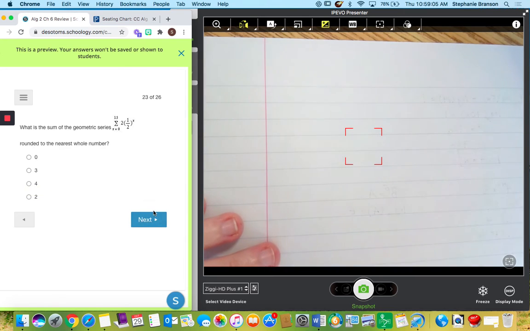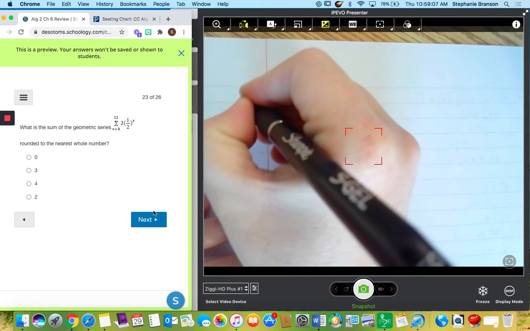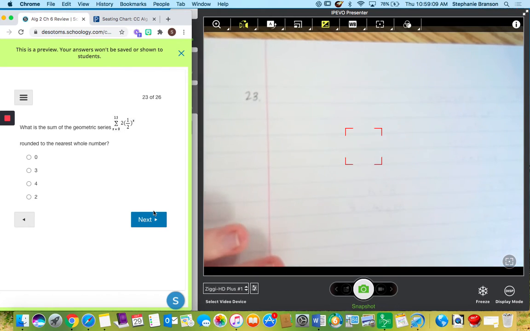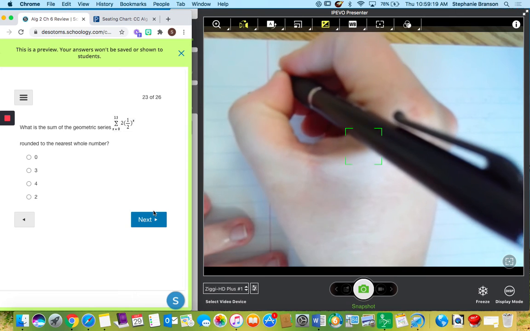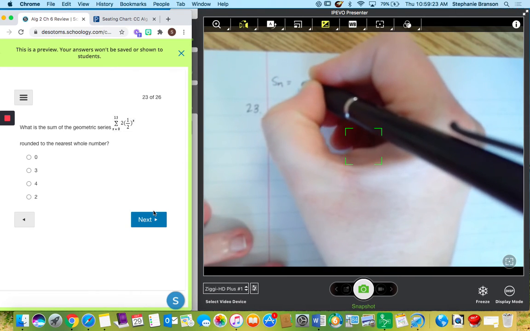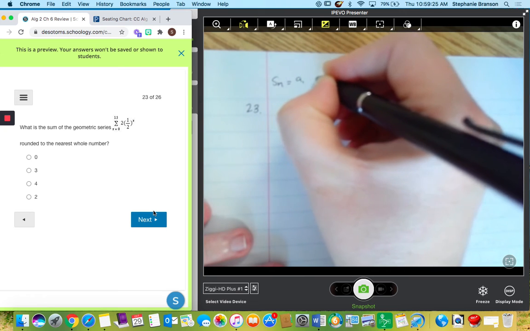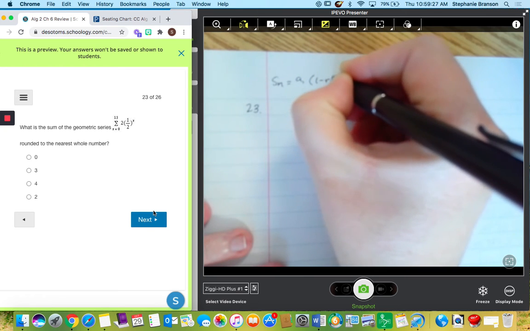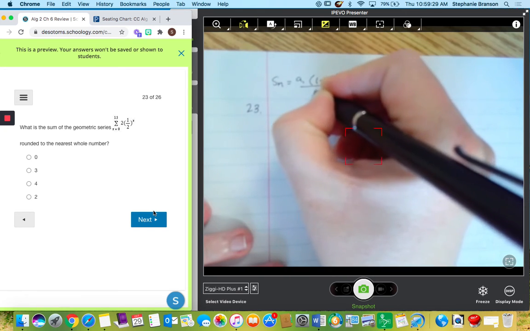All right, I'm going to also work 23 with you guys. What's the sum of that geometric series? Again, we're using that same formula. S sub n is equal to a sub 1 times 1 minus r to the n over 1 minus r.